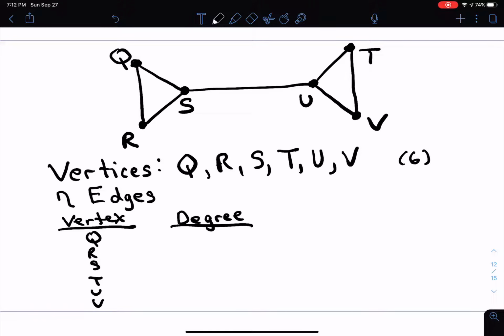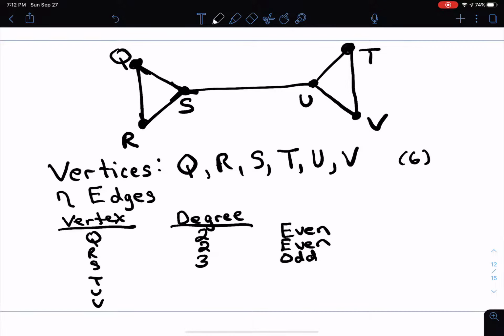All right, coming out of Q, I've got 1, 2 coming out of that, so degree is 2. So that makes that vertex even, because that's an even number. R also has 2 coming out of it, so another even one. S has 3 edges coming out of it, so that degree is 3, so that's odd.